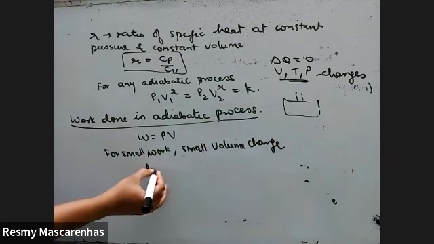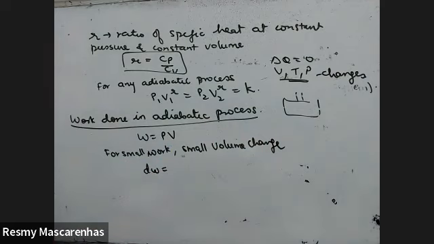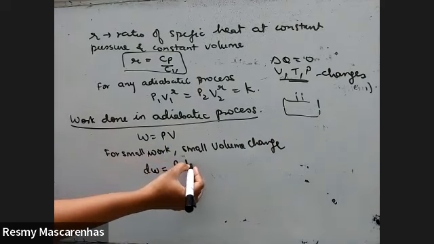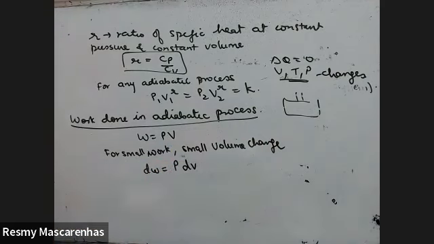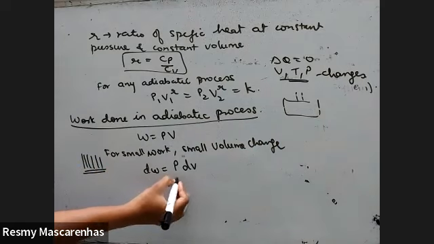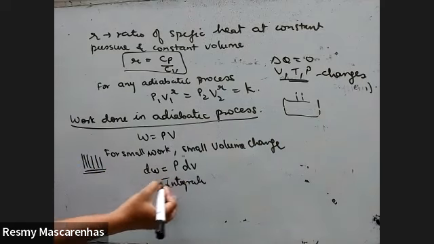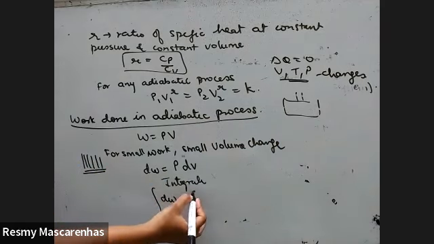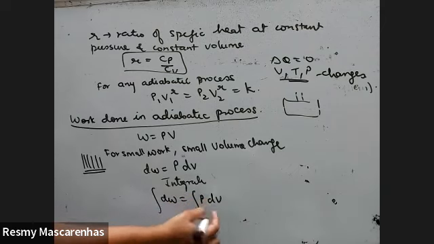So the equation will be, now if we calculate piece by piece like the previous derivation, to get the whole work we have to integrate. Now I told you P is not constant.